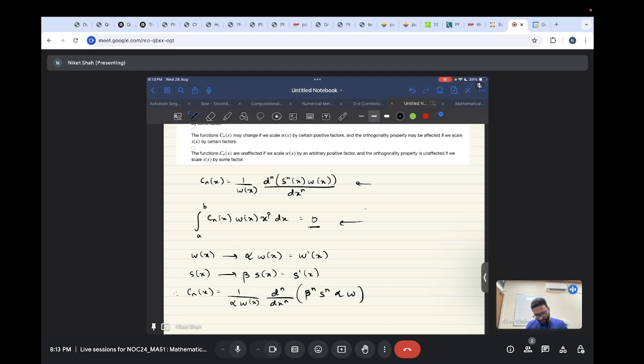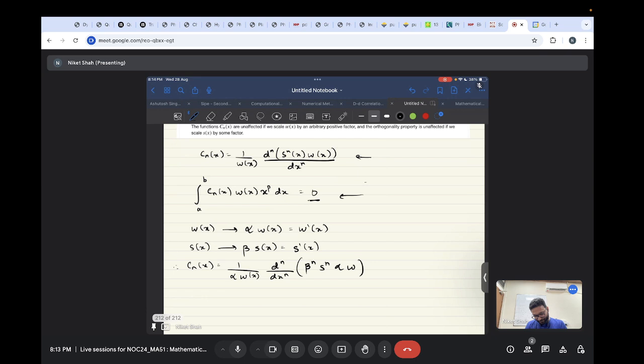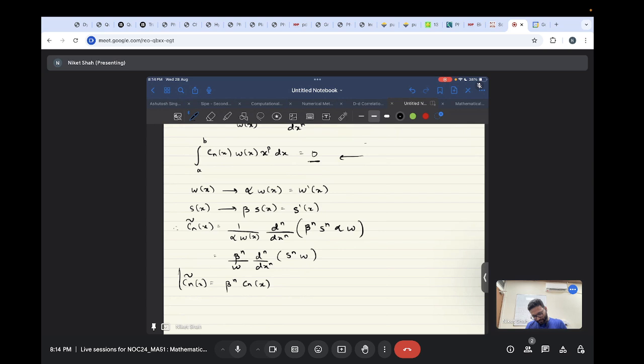Now, because beta and alpha are constants, I can just take them outside. So this becomes beta raised to n divided by w, dn by dxn. The alphas get cancelled off. The alpha outside and the alpha inside, once it comes out, gets cancelled. So s power n w, which is basically beta raised to n Cn of x. By the way, this is tilde. Cn of x tilde is some beta raised to n Cn of x.